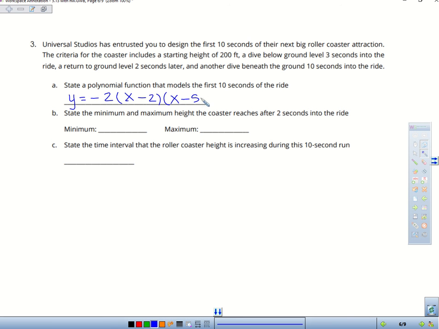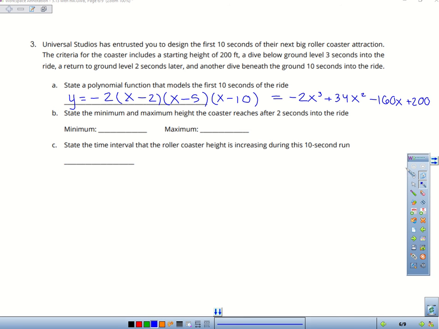And if you were to multiply it out, it would also be equal to this. And then from there you can graph it in Desmos and evaluate the rest of the problem.